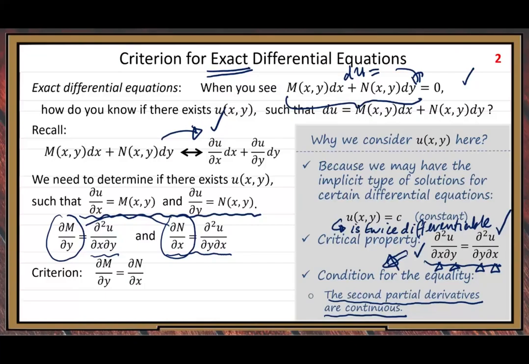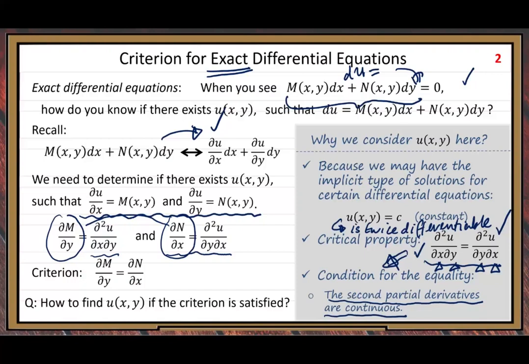Then there is a possibility to find a suitable u function. But the question is, how do you find that u function?